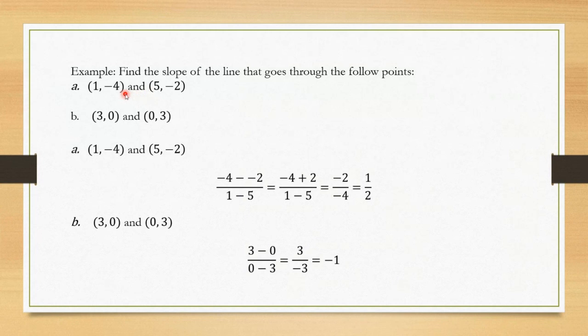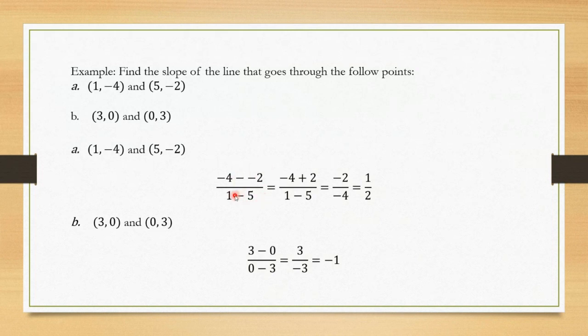Again, what do you do? You subtract the y coordinates like so, and you divide by the corresponding difference in x coordinates, like so. Again, coordinates for the same point, as you can see, are on top of each other. For -4 and 1, they're on top of each other. -2 and 5 are on top of each other.